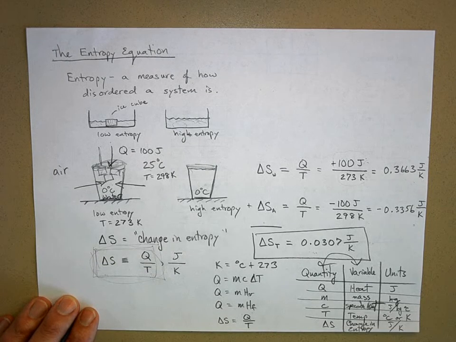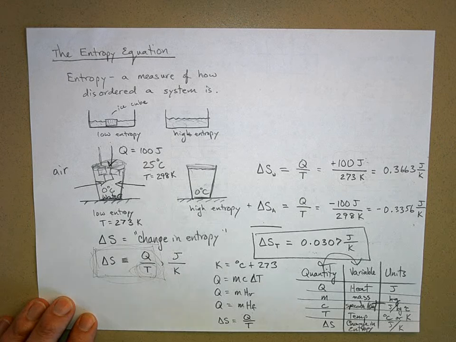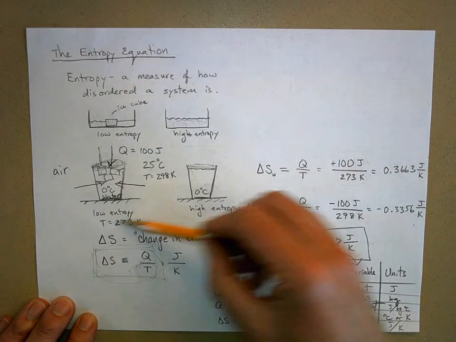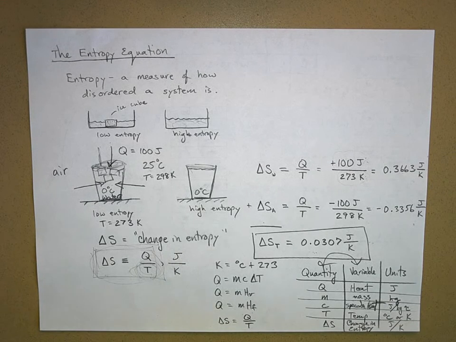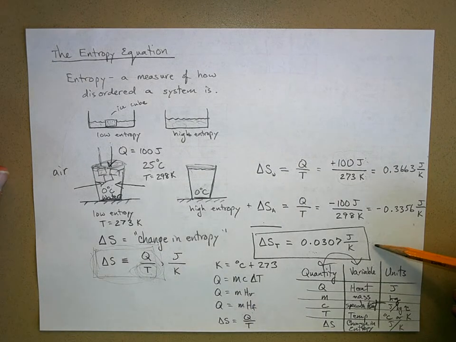How much did the entropy change? That's all we really care about. And just make sure that this temperature is in kelvins. And ultimately, whatever process takes place in the universe, the second law of thermodynamics says that in any closed system, when you look at the overall, there will always be an increase in entropy.